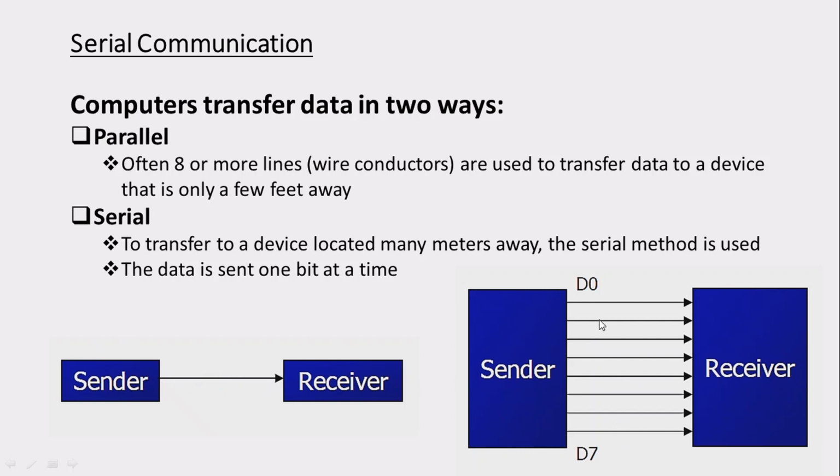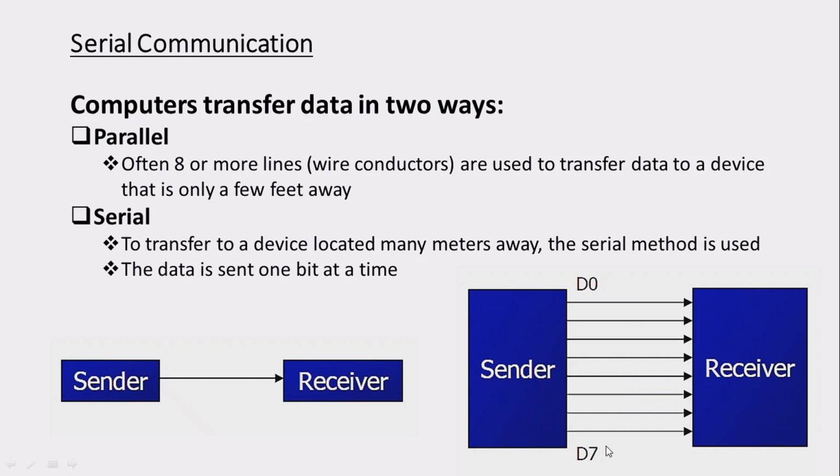But over here, 8 copper wires are required to form this particular architecture. Now with parallel communication, the hardware requirement is going to increase. Then if the hardware requirement increases, the cost to implement this particular architecture is also going to increase.